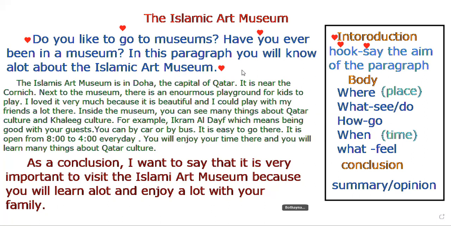Then we started a new paragraph with a new space and wrote the body, putting all of the pieces of information that we decided to put. This will make our writing easier. When you plan first for your writing, then you will write it very easily.